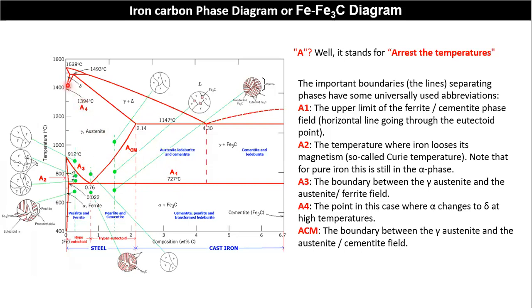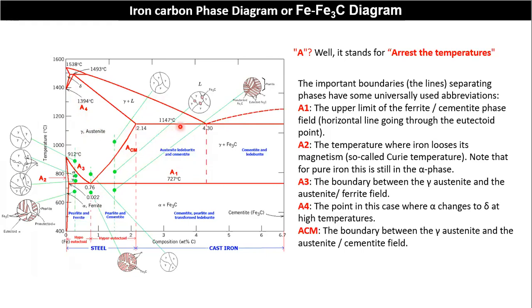A4 is the point where alpha changes to delta at higher temperatures. Now finally the ACM line. It is the boundary line between gamma austenite and the austenite plus cementite field. It is a mixed field. So in the iron carbon diagram, you can maintain 5 temperatures: A1, A2, A3, A4 and ACM. These 5 temperatures are important.